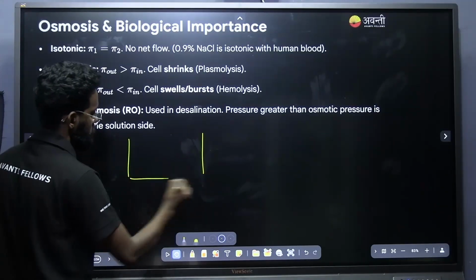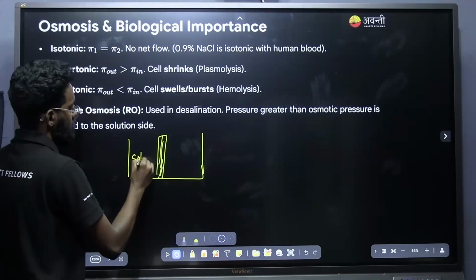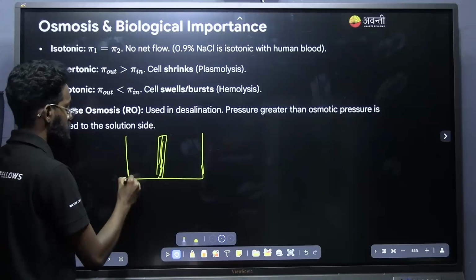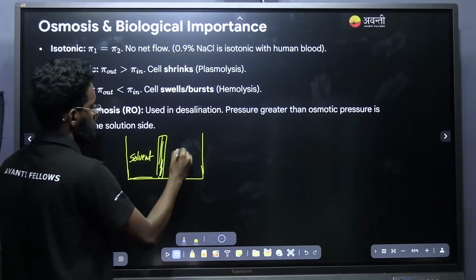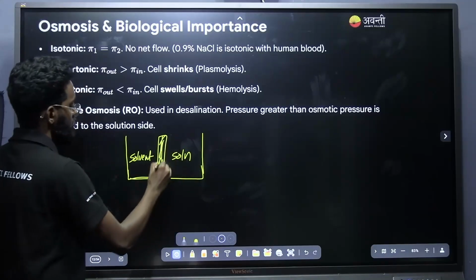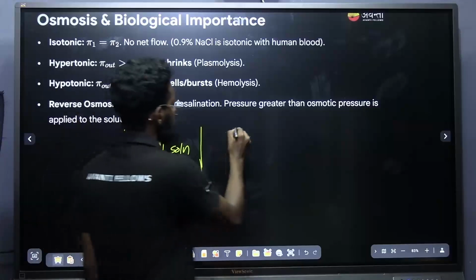What is actually osmosis? Let's imagine that there is a solvent and there is a solution, and this is a semi-permeable membrane.